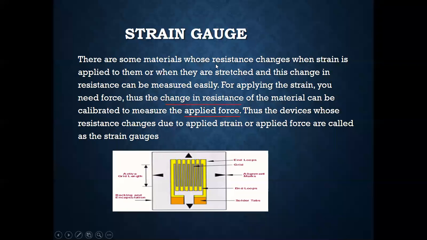Some materials change resistance when strain is applied to them. When they are stretched, this change in resistance can be measured easily. In order to apply a strain, we need force.